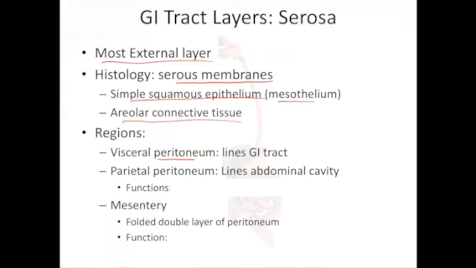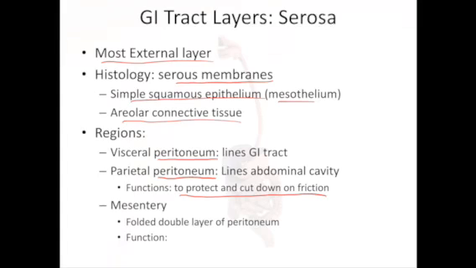This is called peritoneum instead of the pleural membranes like in the lungs we were just talking about. Instead, we have the visceral peritoneum and the parietal peritoneum. The functions of this are to protect the whole GI tract and to cut down on friction. And then the next region is called the mesentery.